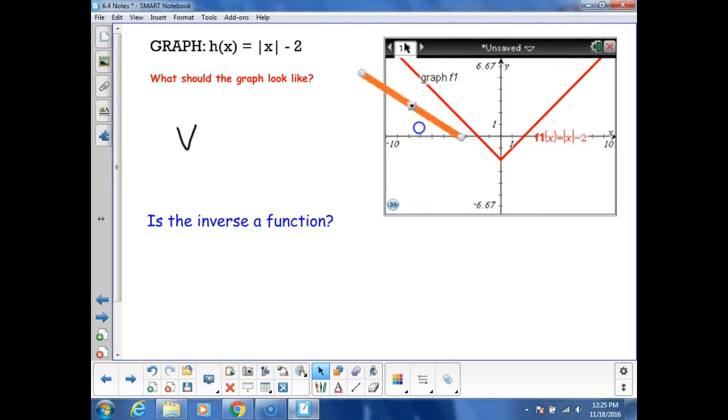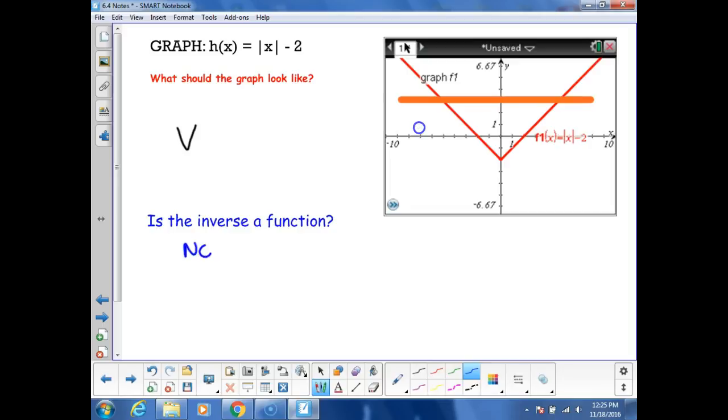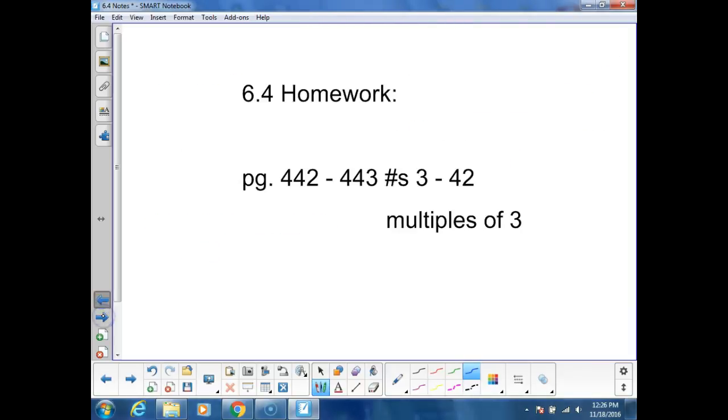Is the inverse of h of x a function? No, the inverse is not a function. So my function is a function, but the inverse is not a function. What is it about again? If it was a negative out in front of the absolute value. Peaking. Okay, that's what I thought.